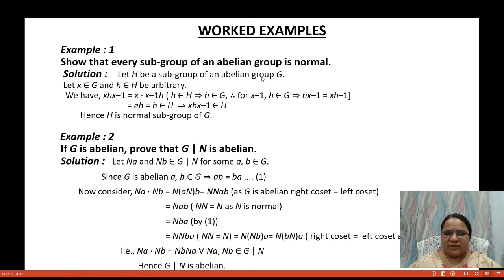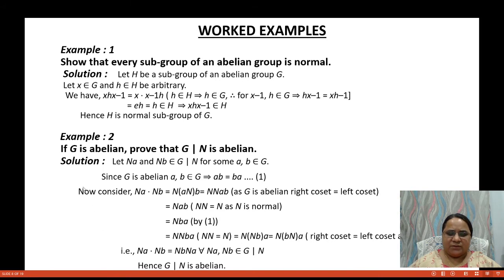Let H be a subgroup of an abelian group G. Let x belong to G and h belong to H be some arbitrary elements. Then xhx^-1 must be equal to x x^-1 h, just using the commutative property here, which is nothing but eh, equal to h, which belongs to H. So xhx^-1 belongs to H. Hence this is nothing but the definition of a normal subgroup. If this condition is satisfied, we can say that it is a normal subgroup.